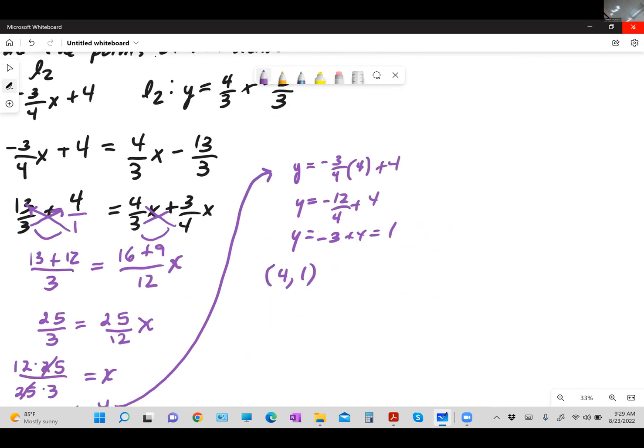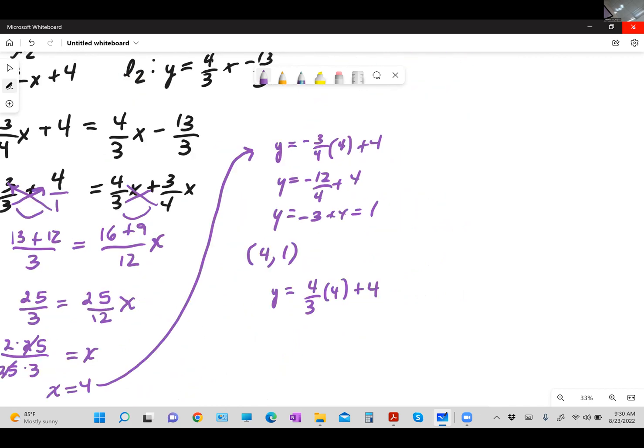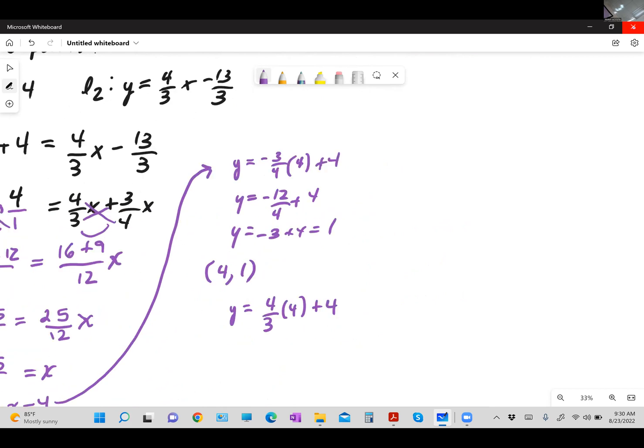Now, those of you who are always suspicious of making arithmetic mistakes, you might want to check that the other one gets the same answer too, because then you know for sure you didn't mess up. Obviously, this is kind of like a moot point, because if you messed up, then you'll mess up again. So 4/3 times 4. Oh, this is a minus. I don't know why I miswrote this.